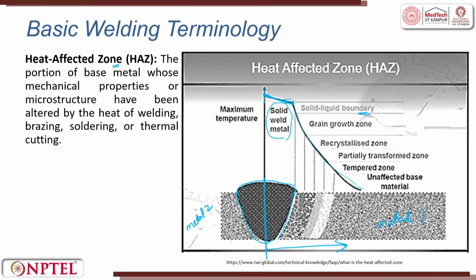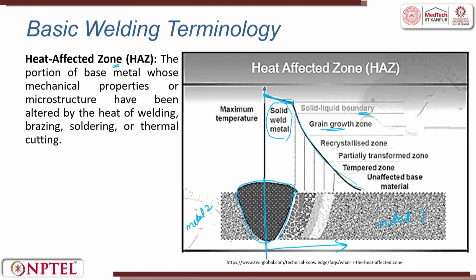In casting, you pour the liquid metal inside a mold and at the mold walls you have a thermal gradient. So, there is a change. That is what is called the solid-liquid boundary, what you studied there. And there you also studied the grain growth zone. The grain tends to grow along or against the heat and forms grain.